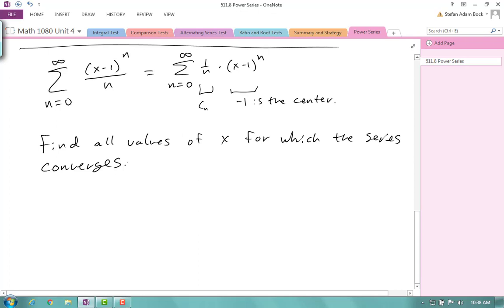Now I stuck one of these on the last test because it's actually a fairly straightforward question to answer. So I have this kind of a series. I have an x in place of having some other number, but I want to test it for convergence and divergence. But since I have an x to the n here, I think I'm going to use the root test on this one.